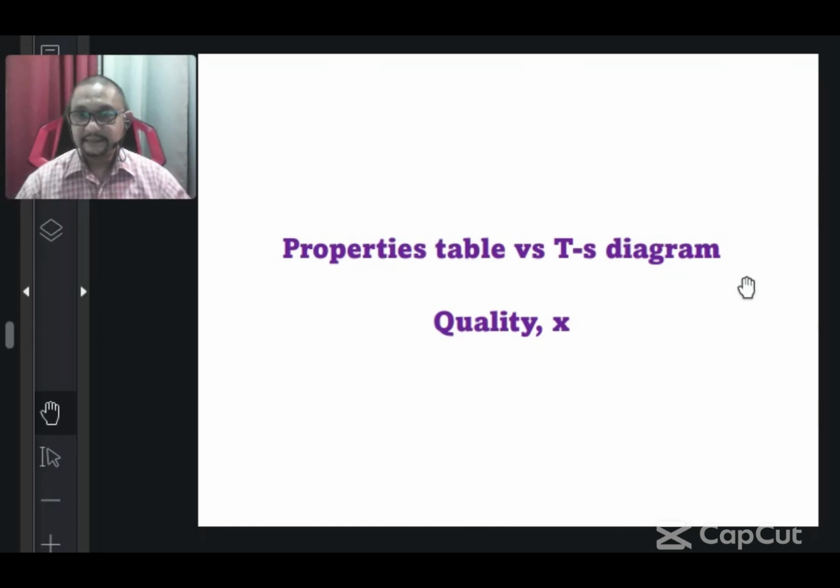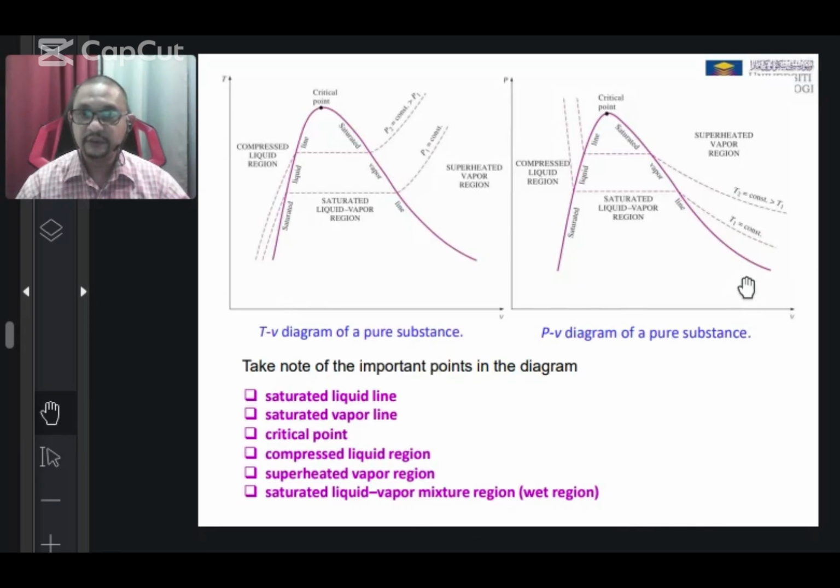Okay, next is the properties table and quality. This is just to recall your memory of thermodynamics. I just go through it, I'm not explaining anything about this. This is from your notes in thermodynamics. T-v diagram, P-v diagram.